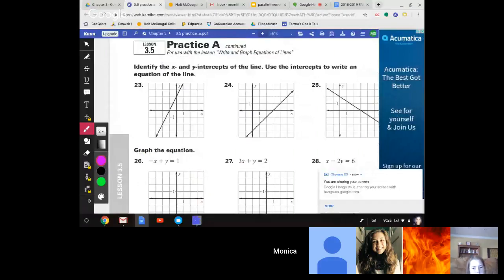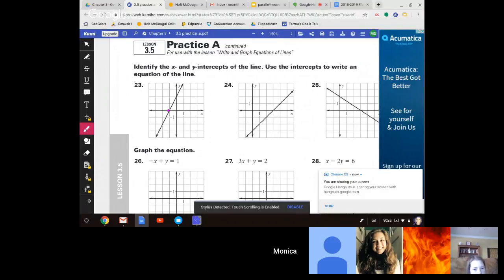Okay, so for number 23, you're supposed to identify the x and y intercepts of the line and then use the intercepts to write an equation of the line, okay? So on this, your x-intercept is going to be here, and your y-intercept is going to be here.